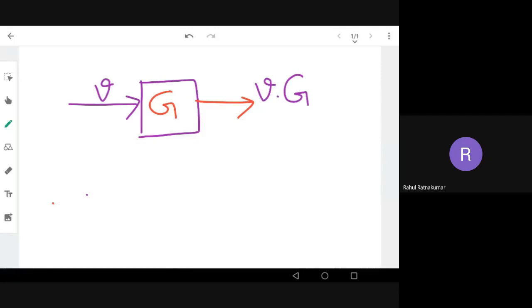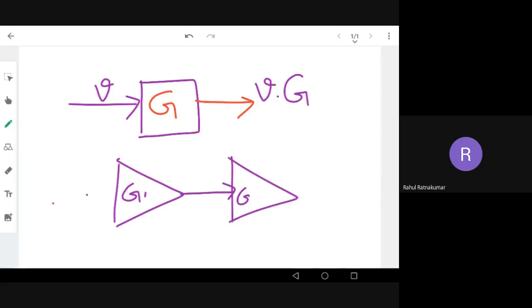Say, for example, you have two amplifiers. You can draw like this: an amplifier with a gain G1, and another amplifier with a gain G2, right? So I give a small input V, a small voltage. The first amplifier output will be G1 times the input voltage V, right?